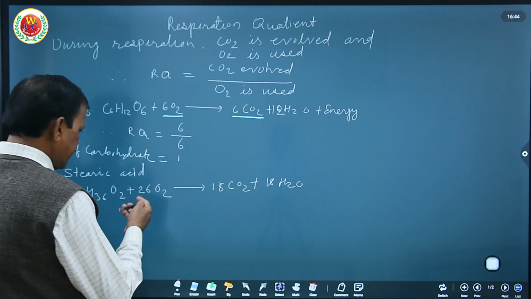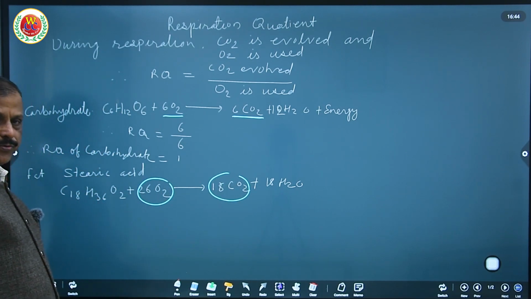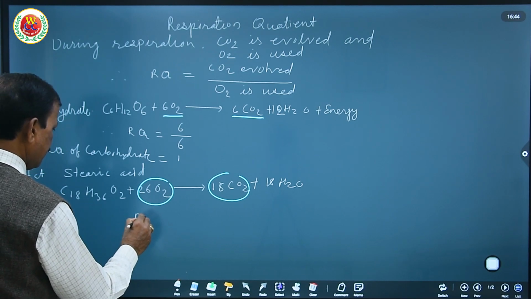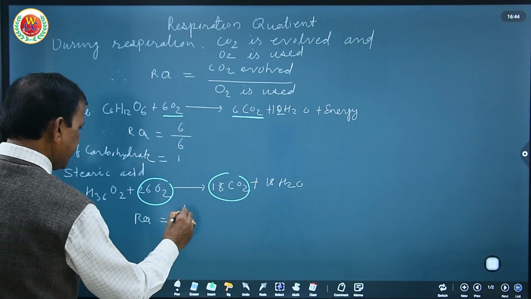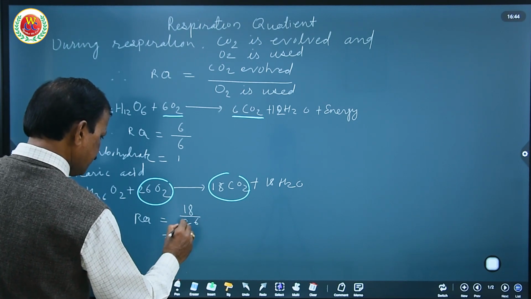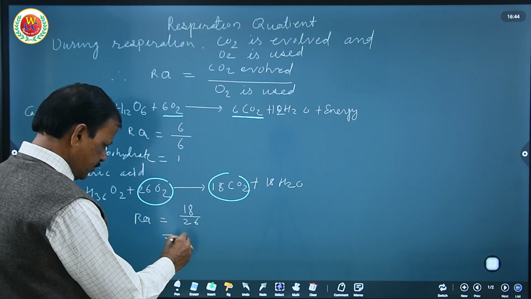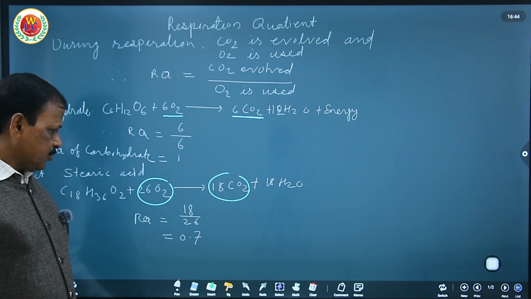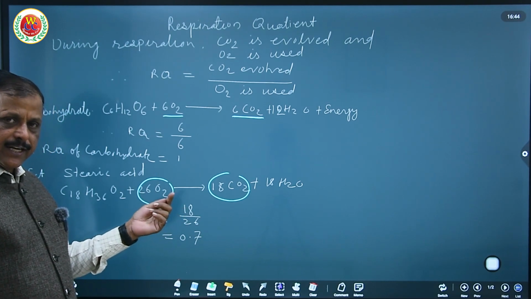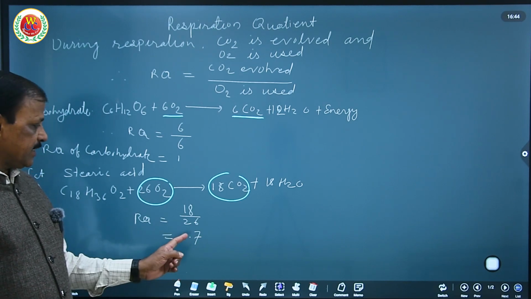Now here we can highlight the carbon dioxide released and oxygen used. So RQ of fat is equal to 18 upon 26. The denominator is larger than the numerator, and therefore the value comes less than 1, that is 0.7.